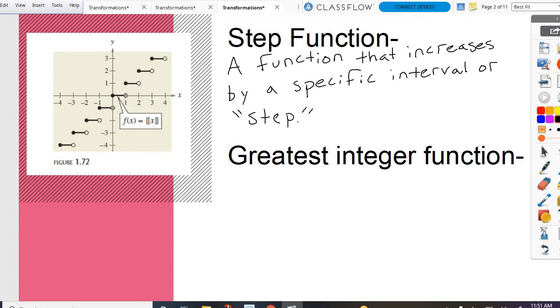So our most common step function is the greatest integer function.